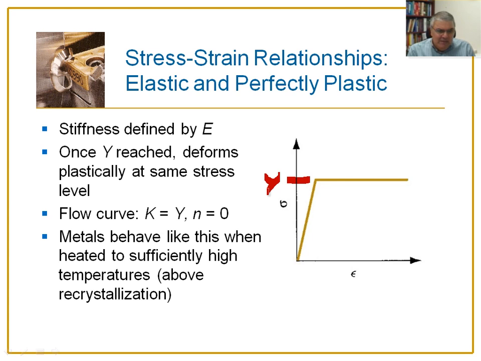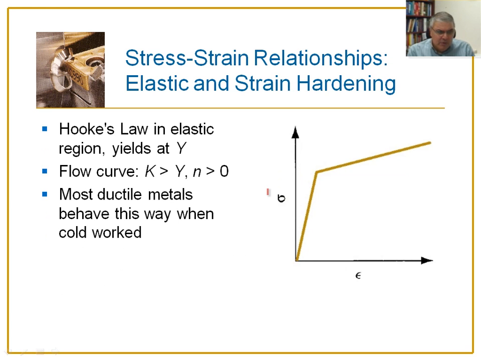So metals behave like this when they're heated to sufficiently high temperature above recrystallization. The other category of stress-strain relationship is called elastic and strain hardening. This is also another model that's used for designing, pretty much to describe the stress-strain relationship of the material.